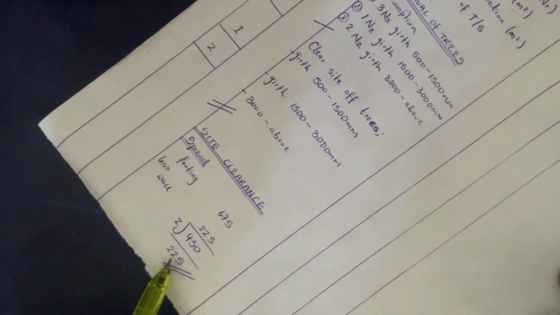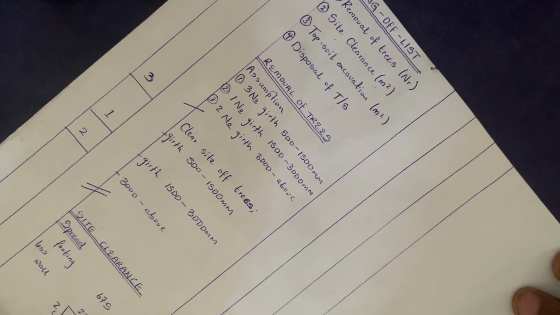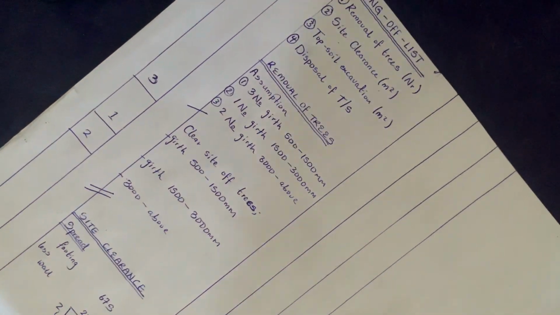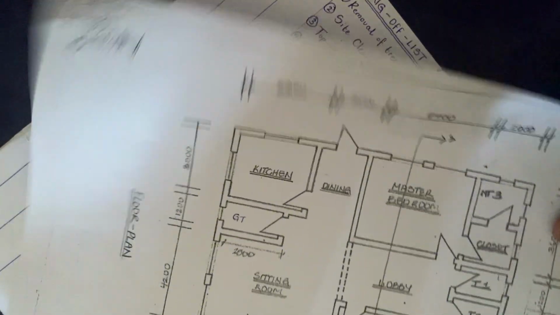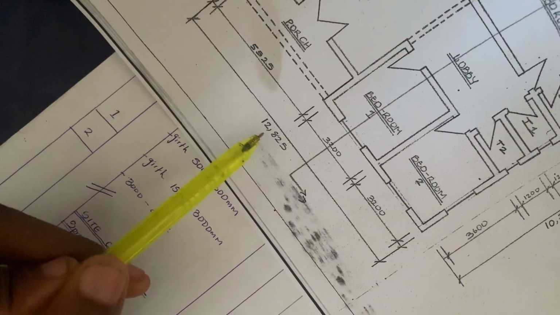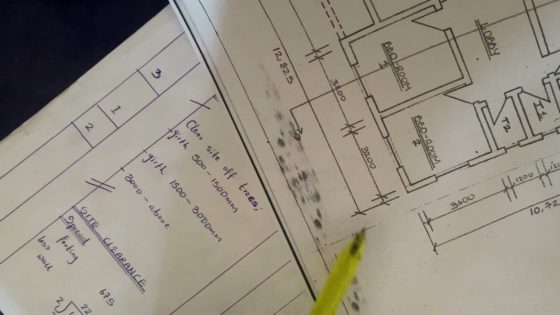Since we've gotten the dimension of our spread as 225, we're going to be adding 225 to both sides of our length and width of our foundation. Now, we know that the length of our foundation is what? 12,825. We're going to be adding spread here, and we're going to be adding spread at this side.